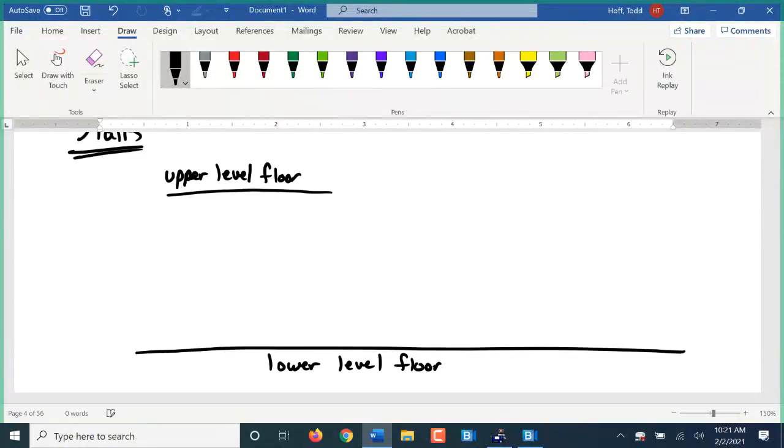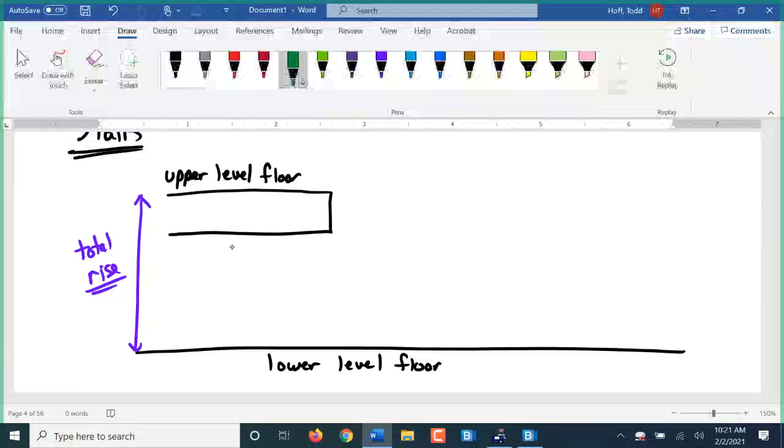The distance from the lower level floor to the upper level floor is called the total rise. Now, it's not all done in one big step. There's two main components that go into that.